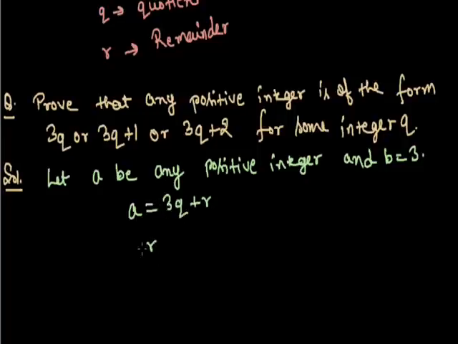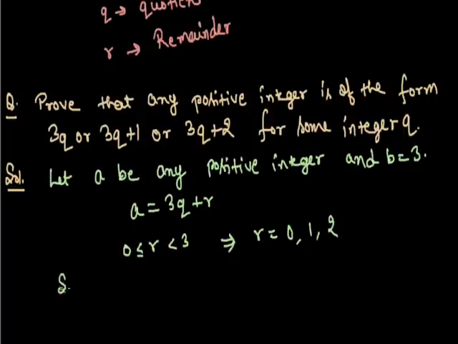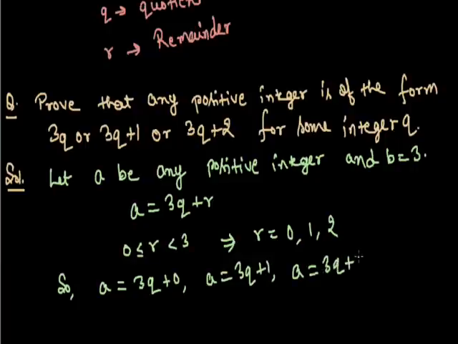So r must be greater than or equal to 0 and less than 3, which implies that r must be either 0 or 1 or 2. So a will be equal to 3q plus 0 or 3q plus 1 or 3q plus 2 for some integer q. This we had to prove.